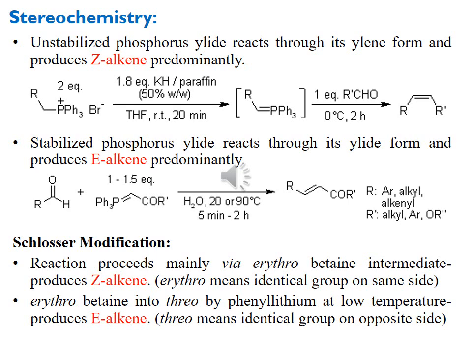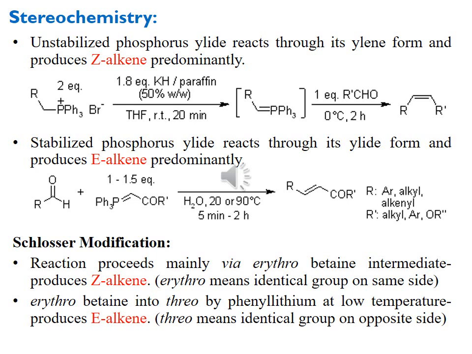Here is another modification of this Wittig reaction by Schlosser, which is known as Schlosser modification. Schlosser modification was basically to get E alkene by using Wittig reaction, which normally gives Z alkene. The reaction proceeds mainly through erythro betaine intermediate which produces Z alkene.